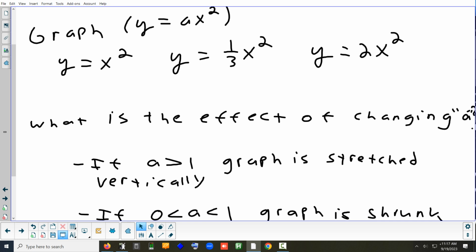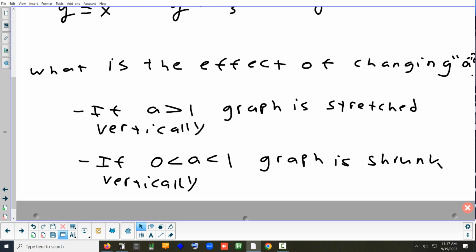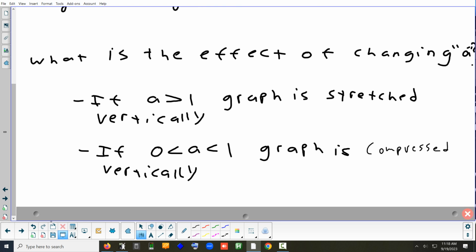And then if A is between 0 and 1, like 1/2, 0.4, any number between 0 and 1, the graph is, and I'm just going to say compressed. It does shrink, but I like the word compressed better. So the graph is compressed vertically. So that's what changing A does.